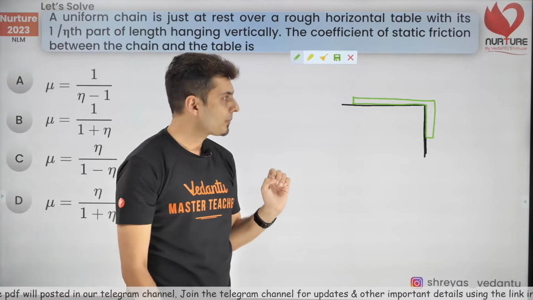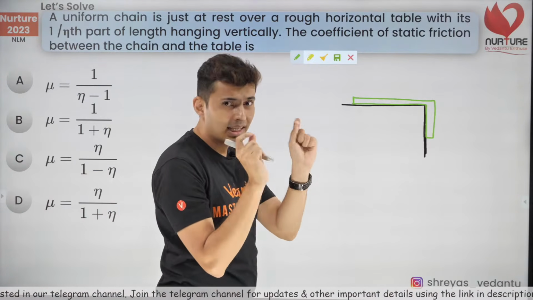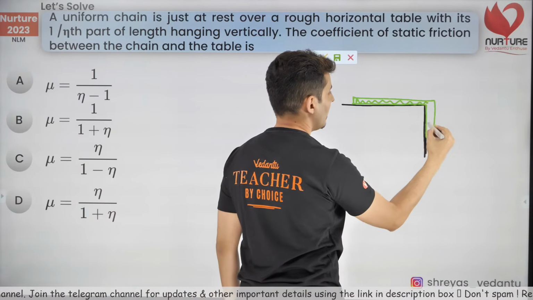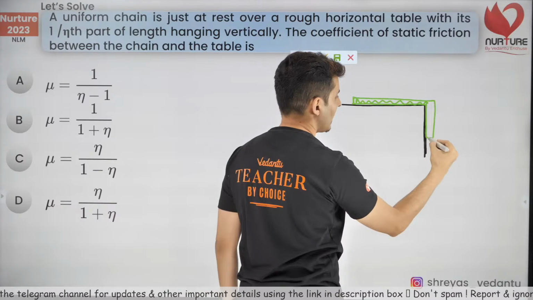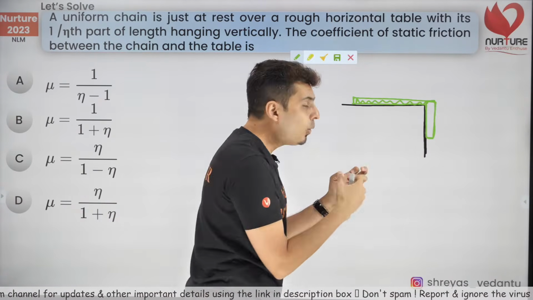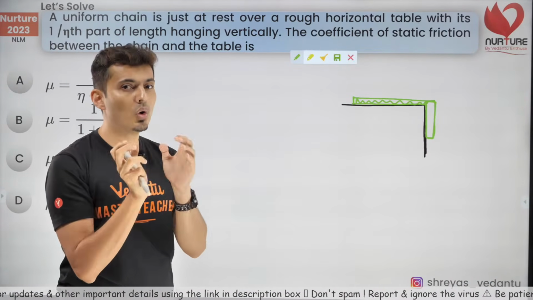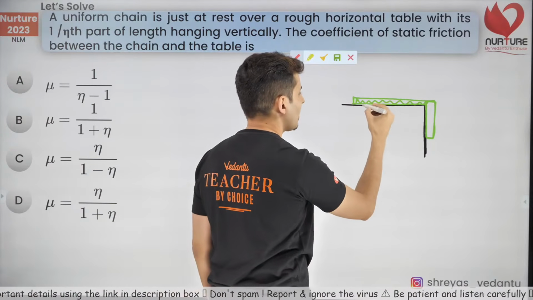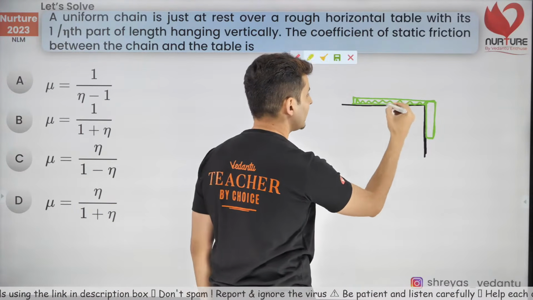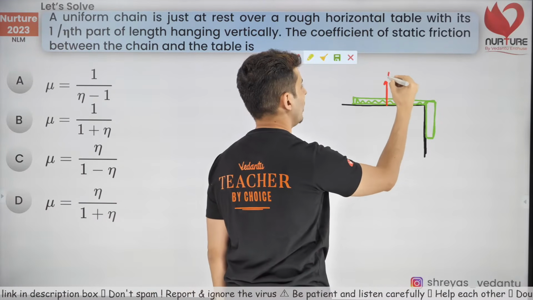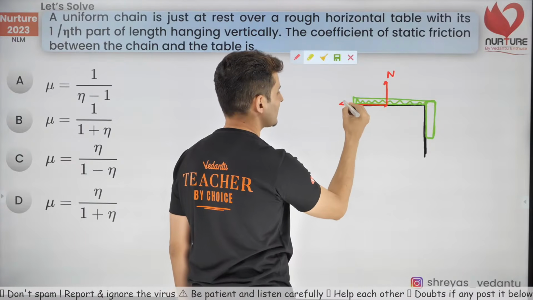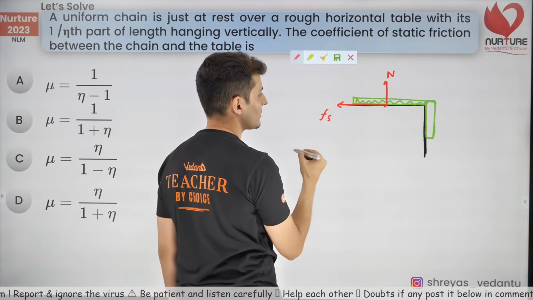Now, think, only a part of it is on the table, a part of it is hanging. Who will be pulling and who will be opposing? That's the interesting fact. The part which is on the table will experience a normal force, and since this surface is rough, will also experience a frictional force.